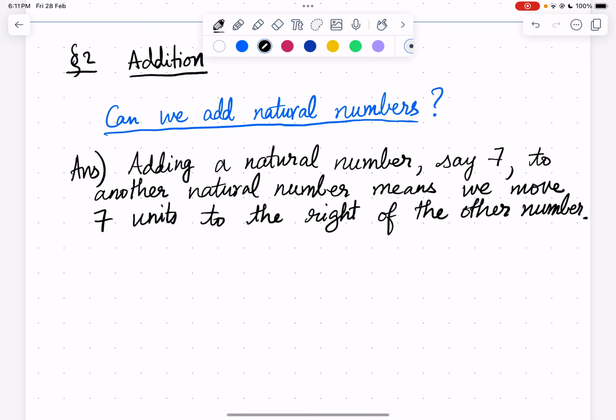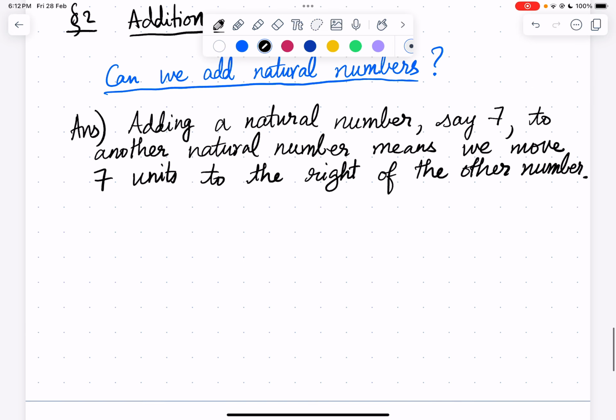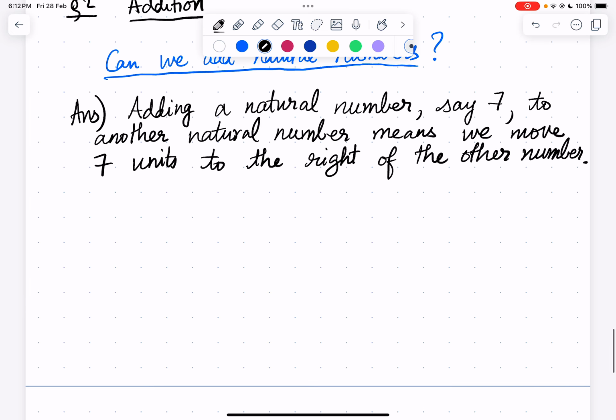So adding a natural number, say 7, to a natural number means we move 7 units to the right of the number. Adding 7 amounts to moving 7 units to the right of the number. So similarly, we can add natural numbers. For example, 5 plus 7 equals 12.